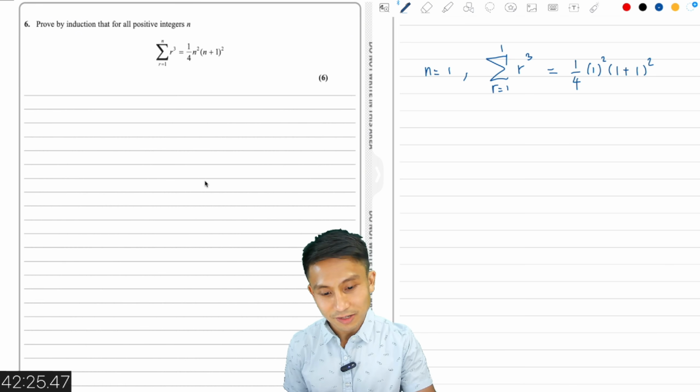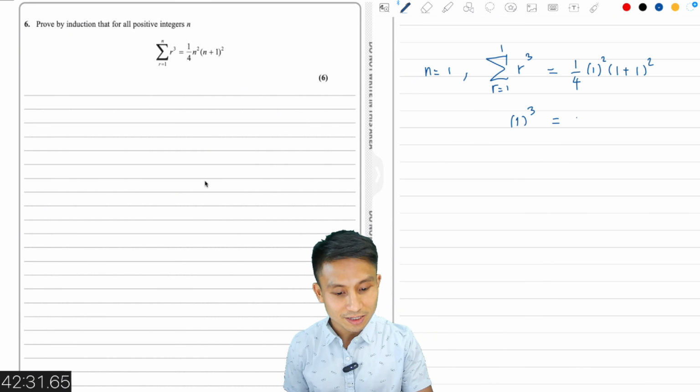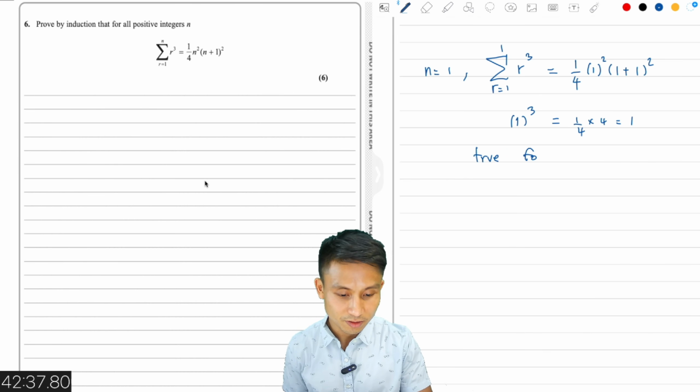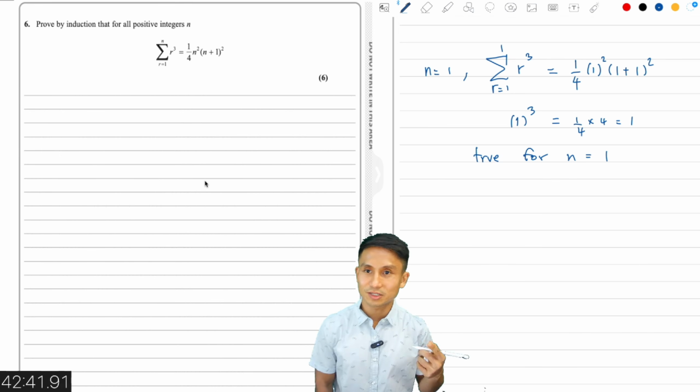Basically the left hand side is just 1 to the 3 because it's only one term, and the right hand side is just 1 over 4 times 4, which is 1. So true for n equals 1. Okay, so this is the first step.